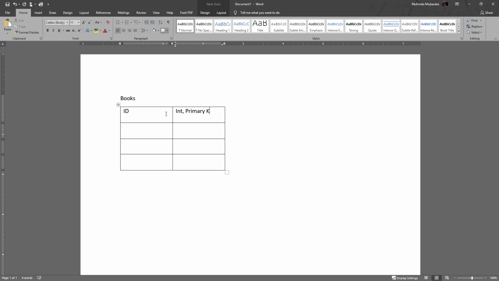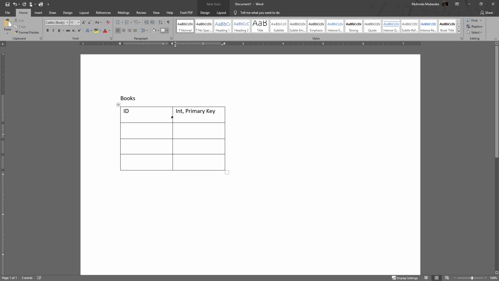A primary key, like I've defined for you, will be a property that we use to uniquely identify a record in a table.